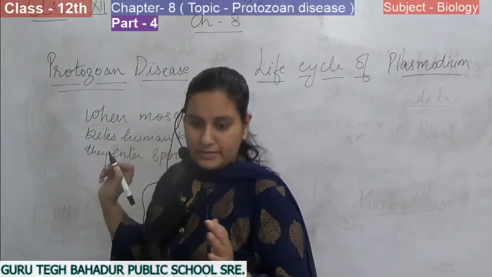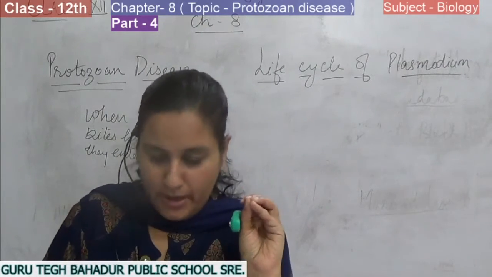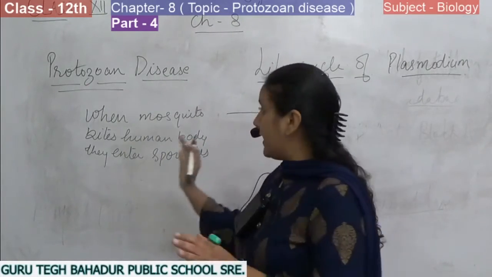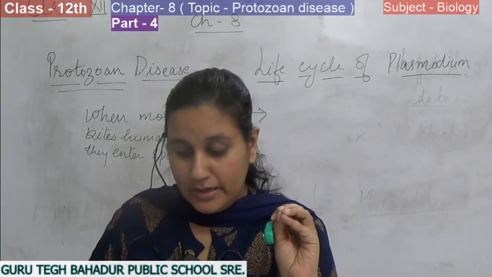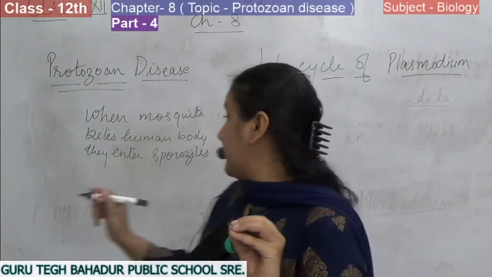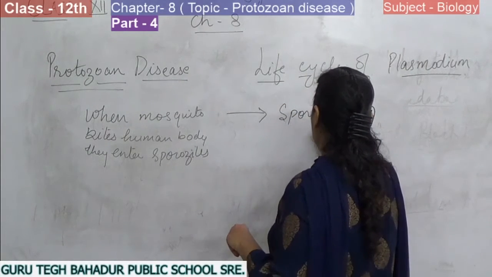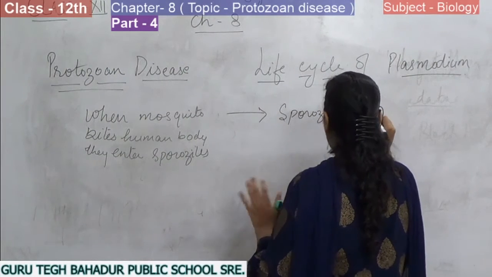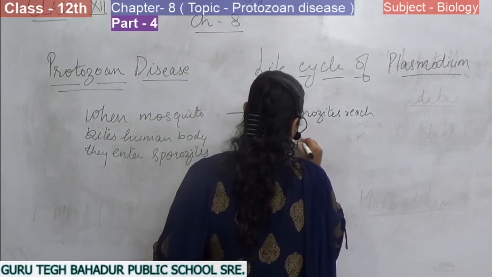These sporozoites are injected with the bite of the mosquito. After this, the sporozoites are in the human body, and they reach the liver through the blood cells.